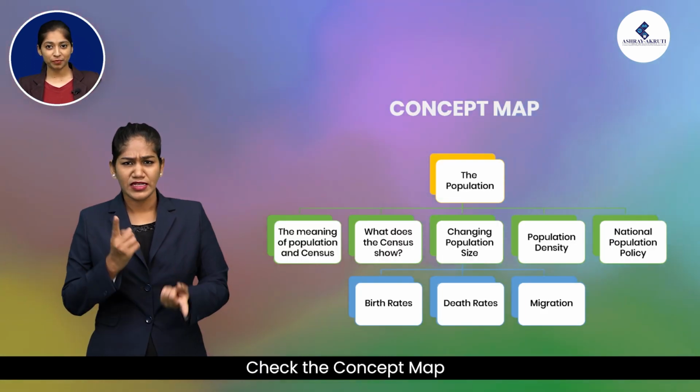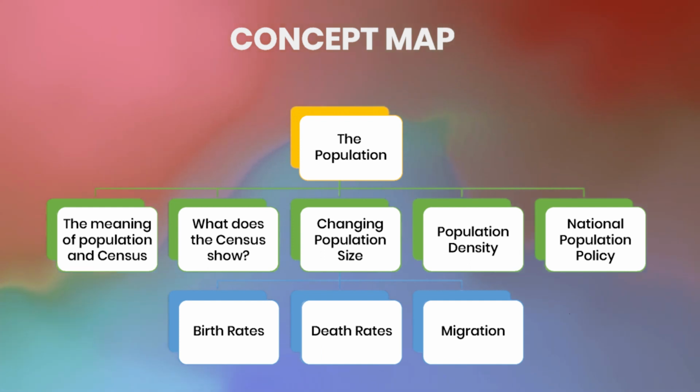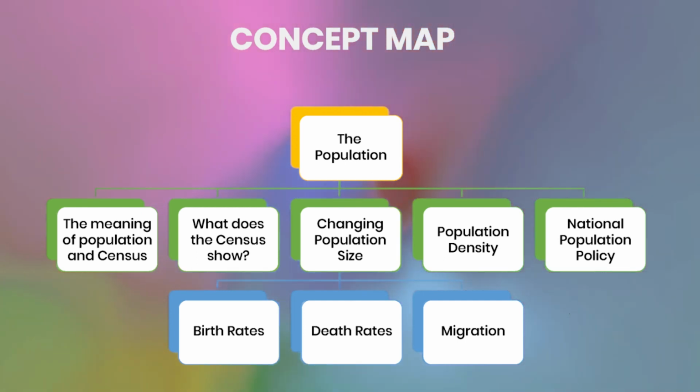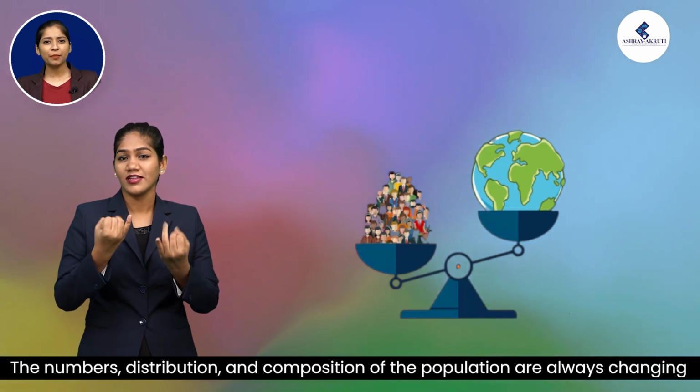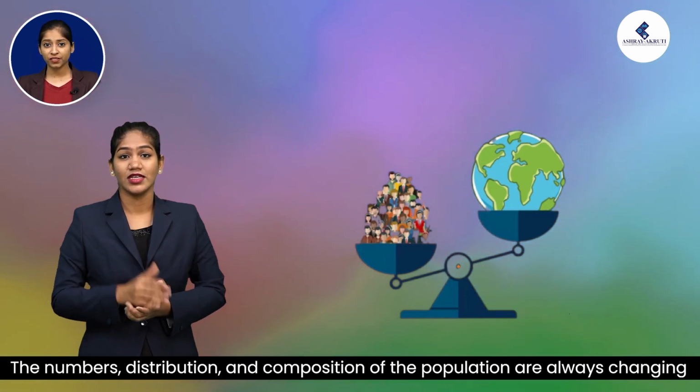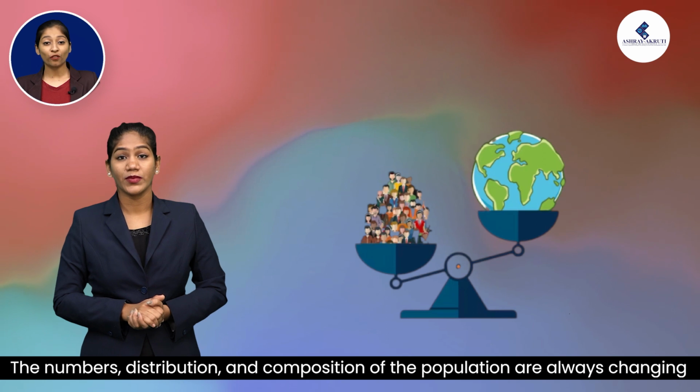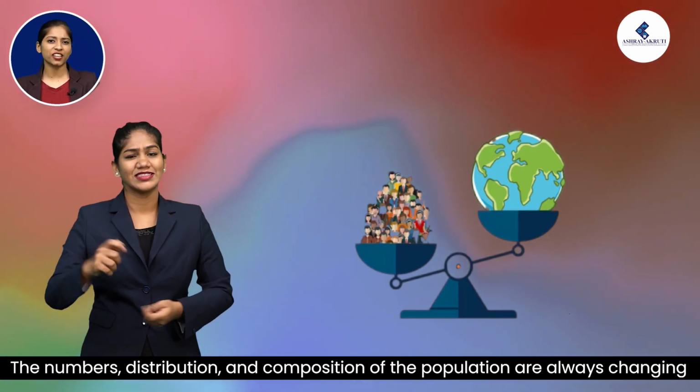Check the concept map. Process of population change or growth. The population is dynamic. The numbers, distribution, and composition of the population are always changing.